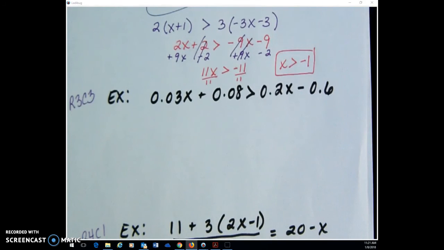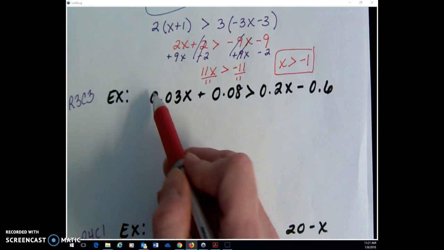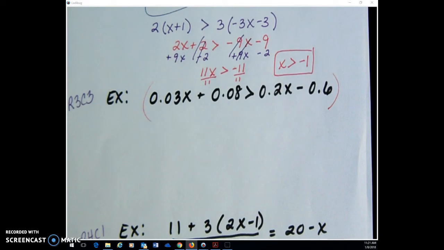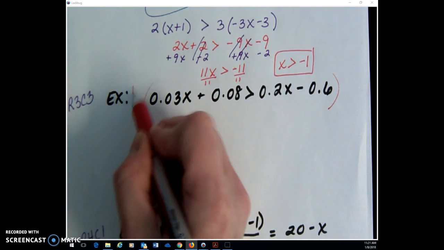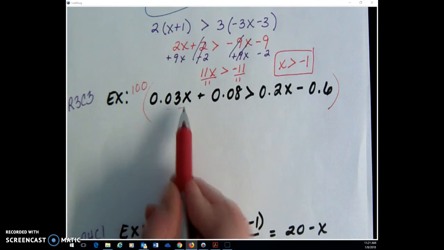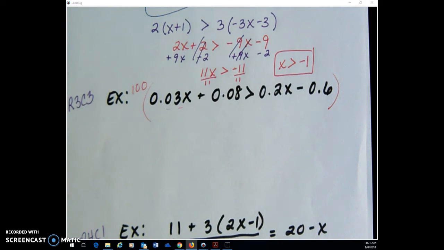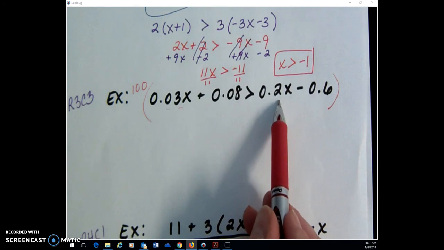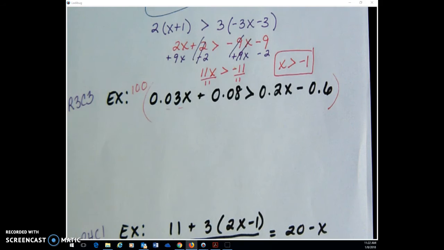Another type of problem we have is, excuse me, when we want to clear the decimal, we can really make this be a multiple by multiplying every term or the entire equation by 100. And when I do that, I'm really going to shift 2 places right each time. I have to make sure I do that to every term, even the ones that aren't set out to the hundredths place.